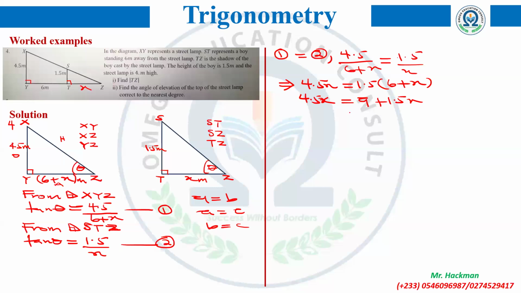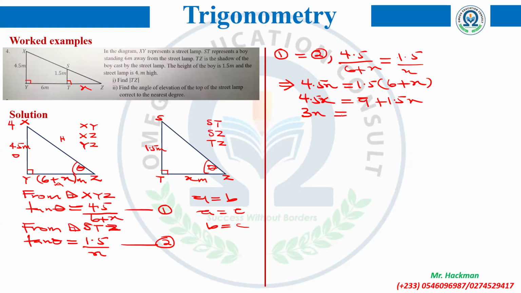So we are looking for x, so we collect all the terms in x on one side. If I bring this one here, it will give me a positive result. So it means I have to follow the normal movement, this one to the side. If it would have given me negative, then you try the other one, moving this one to the side. So now 4.5 minus 1.5 will give us 3x.